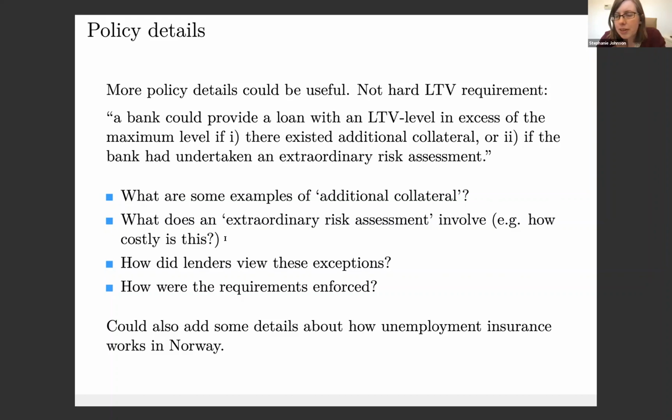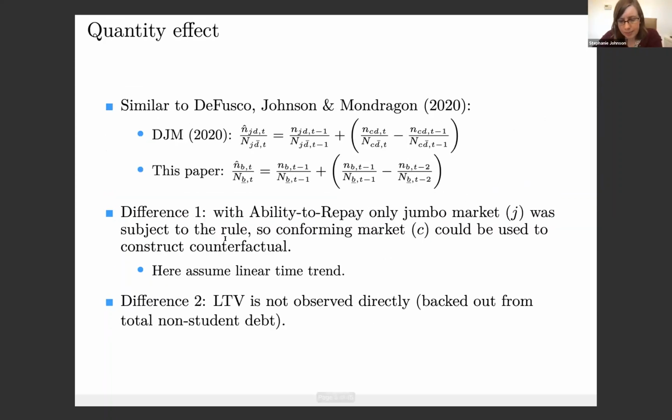Were they willing to undertake this risk assessment for a large number of borrowers, or were they just not interested in considering this as an option at all? And how were these requirements enforced? Relating to the unemployment analysis, I thought perhaps some details about how unemployment insurance works in Norway would also be useful for understanding what households' needs are to access these assets.